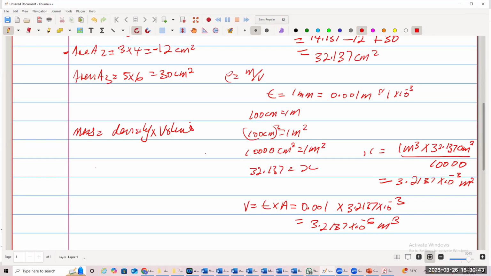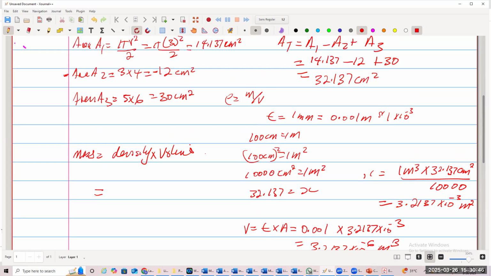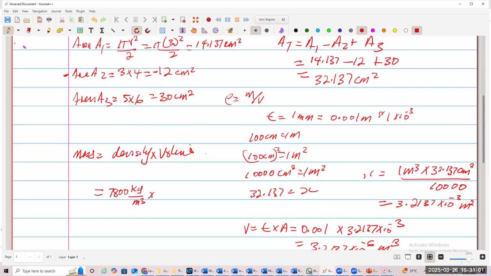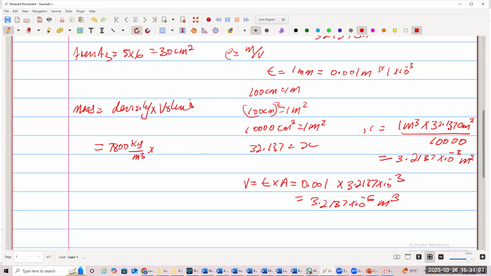So therefore, your mass is your density times your volume. You see it up there: 7,800 kilograms per meter cubed times that volume, 3.2137 times 10 to the minus 6, sorry, meters cubed.